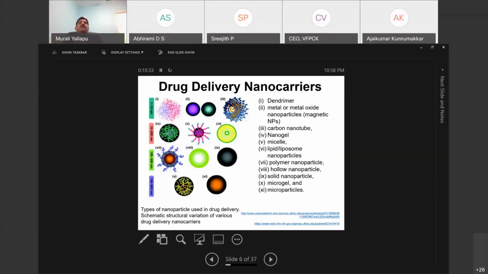Where you see nanogels, polymeric micelles, or polymeric nanoparticles, they mostly have a size range from 10 nanometers to 200 nanometers. Similarly, you can create other types of nanoparticles in a different range from 100 to 300 nanometers, whereas microgels or microparticles you can make up to half a micron or even 1 micron.